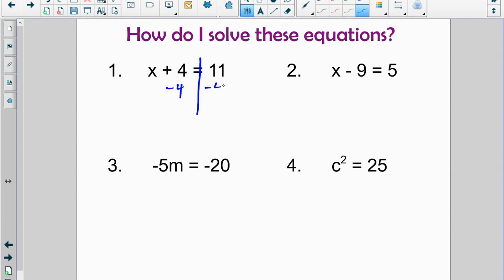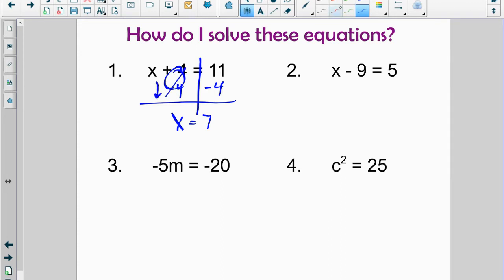Well, hopefully you selected subtract 4 on each side, because that will give us our solution.